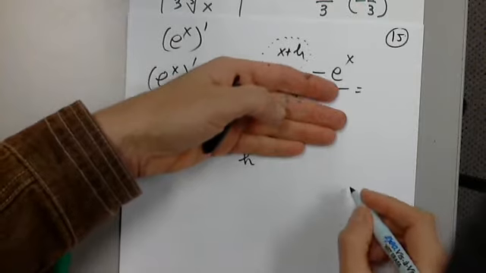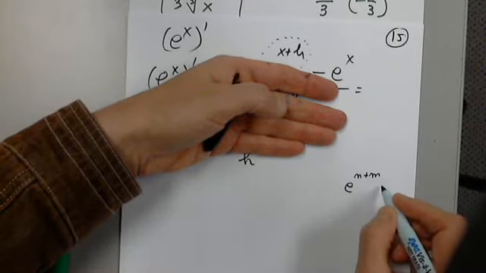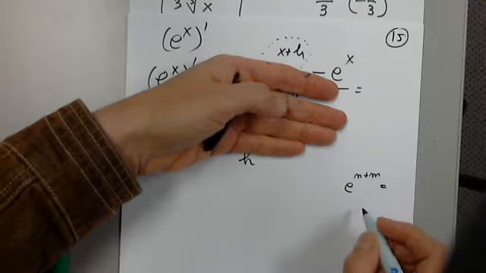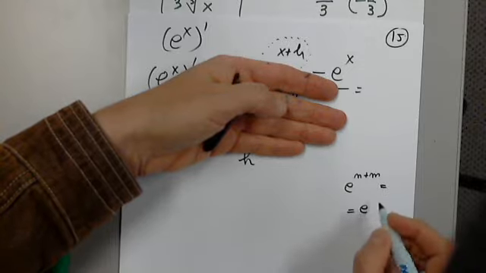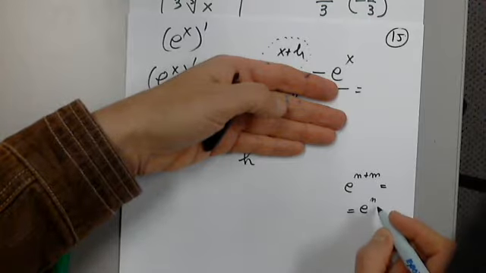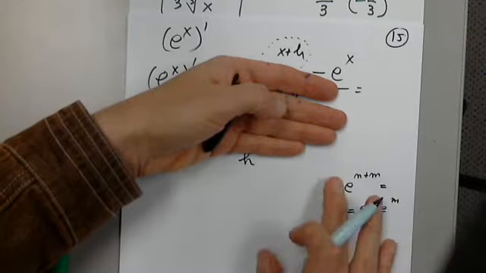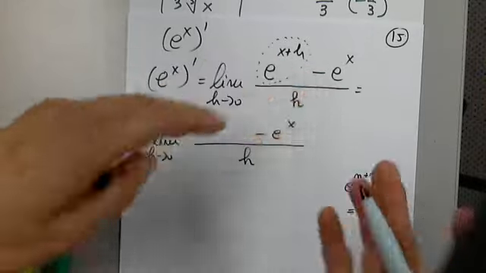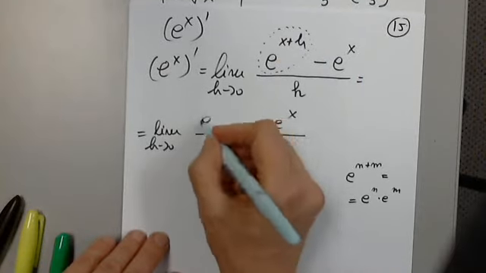Okay, if I say to you e to n plus m, what am I really telling you? e to n, not plus, times e to m, right? Copy the base, add the exponents. Okay, so is there another way of writing that? Awesome.